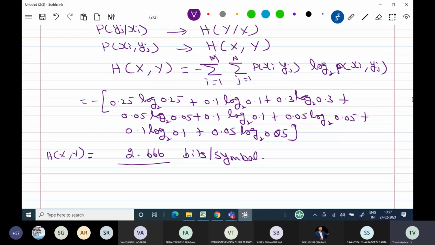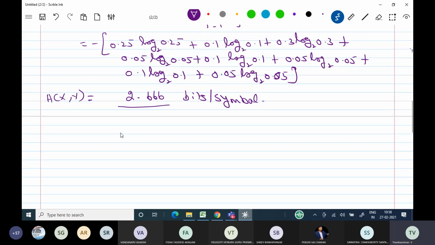Now we are going to calculate the remaining entropies. As per the previous problem, I am going to calculate probability of yj given xi.